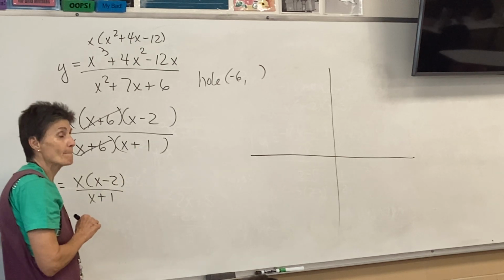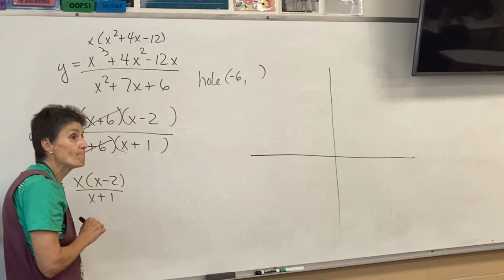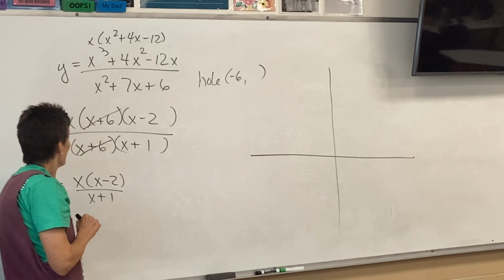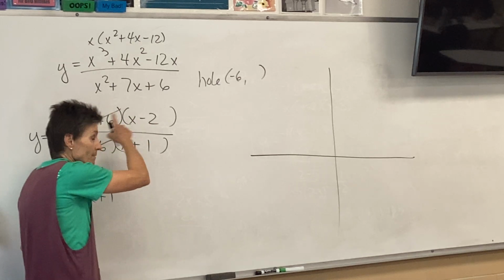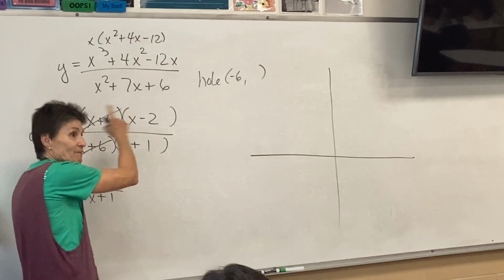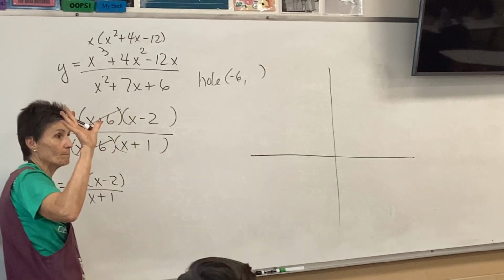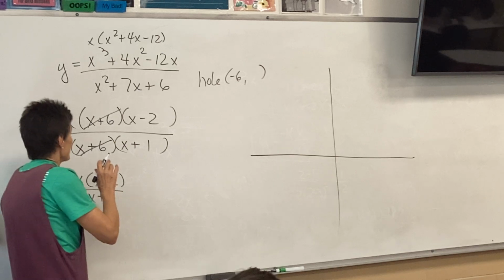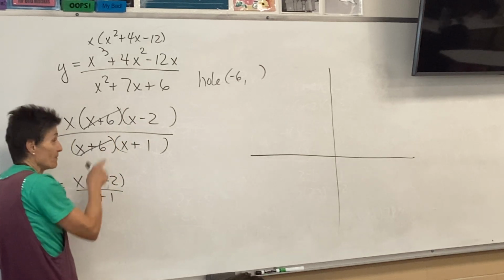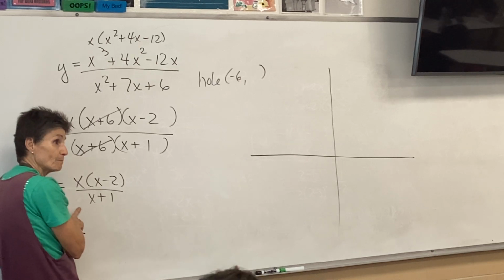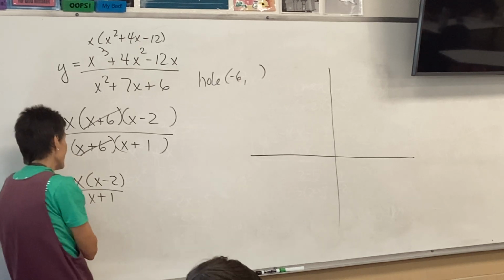In factor, this would be in factored form, okay? I'm moving on. So that's my completely factored form, okay? So I'm gonna have a hole at -6, and I went ahead and wrote this because I'm gonna try to figure out what that y is. So I'm gonna plug in my -6.